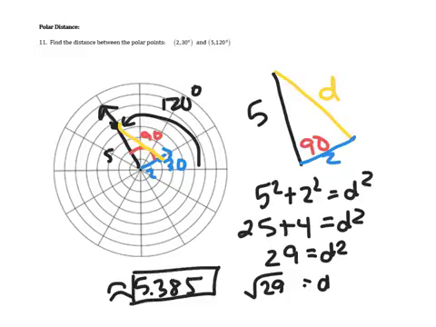However, keep in mind, if I give you 2 points, is this always going to be 90 degrees? No. If this is any other number other than 90 degrees, like 121, 125, 130, then that means this is side, angle, side. So what formula are you going to have to use when you have side, angle, side to find d? We're going to talk about that on the next screen.